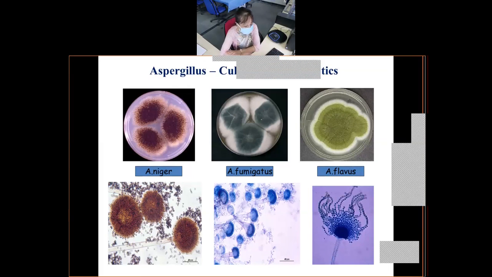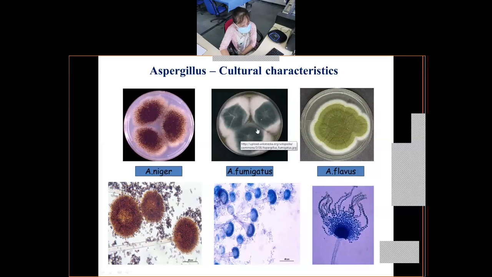So these are some of the cultures which you will see in the case of Aspergillus niger. As the term implies, you can see the colonies here are brown in color. When you do an LPCB mount, this is the picture you will be able to observe. Similarly with Aspergillus fumigatus, you can see the colonies are very characteristic, and this is the LPCB mount which we will observe. In this case, you can see the colonies are olive green in color.